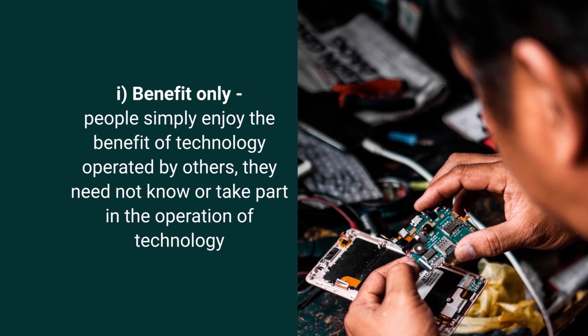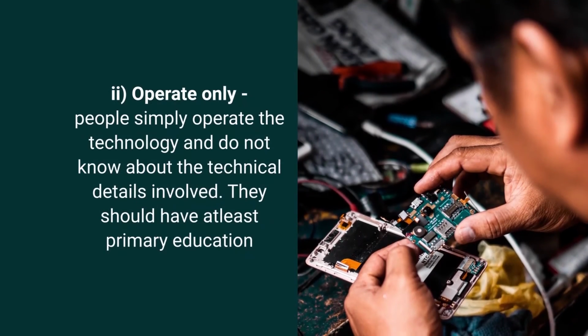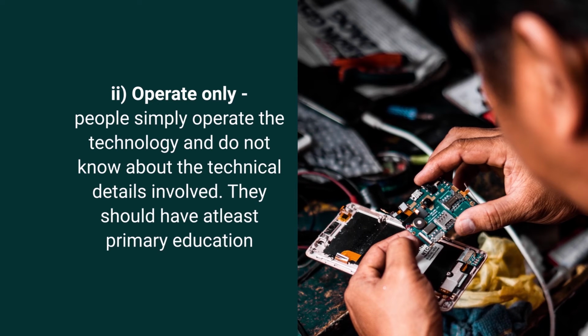They need not know about the technology, okay, and they need not take part in the operational part of the technology, but they enjoy the benefit, they just use the technology. Second is the operate only. Here, people simply operate the technology and do not know about the technological details, but they have some primary education.